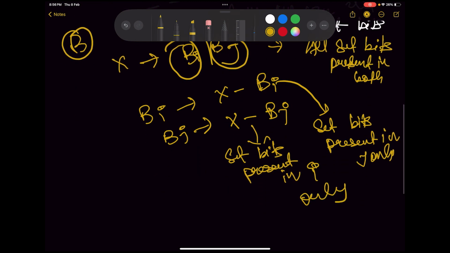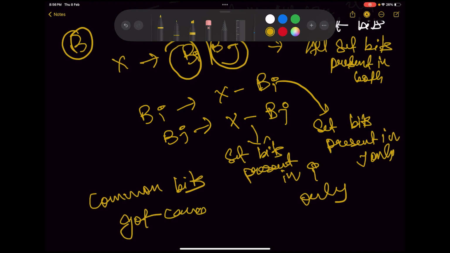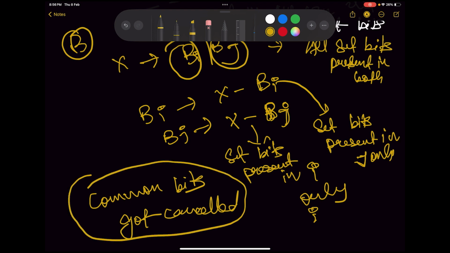So what we have noticed is that the common bits got cancelled. Now we are left with the bits that are present in only j and only i. The common bits got cancelled out.